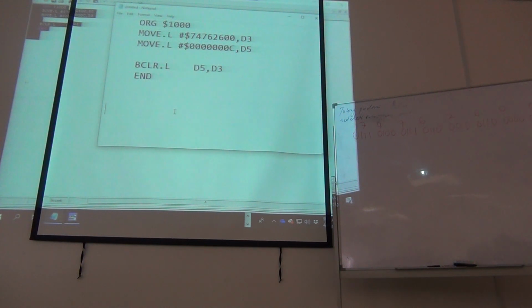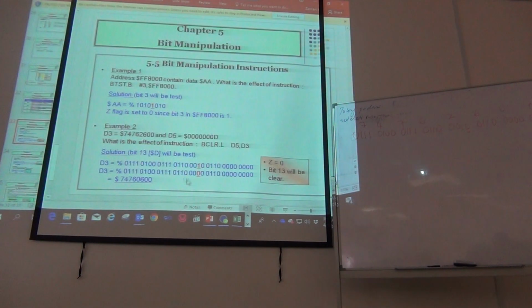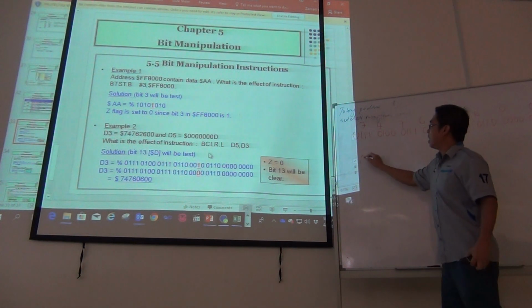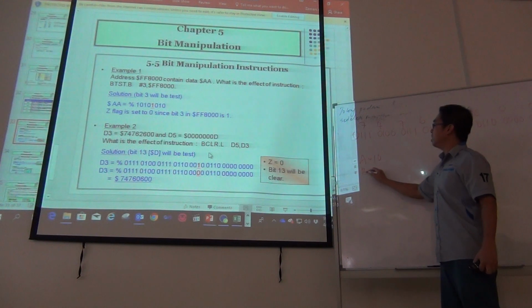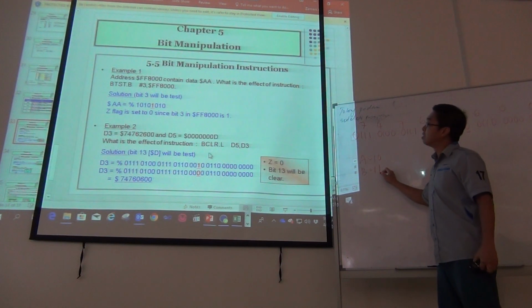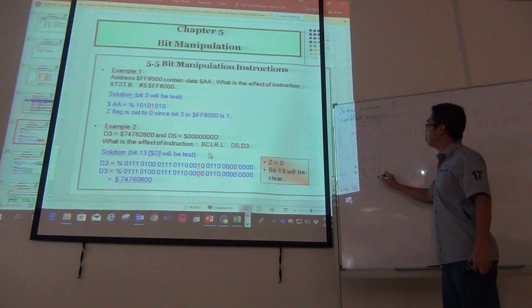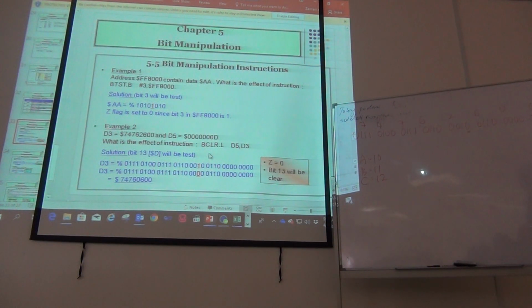So you have to count from here. 0, 1, 2, 3, 4, 5, 6, 7, 8, 9, 10, 11, 12. Is it the same one in the slides? Oh, 13, not 12, sorry. A is 10, B is equivalent to 11, C is equivalent to 12.